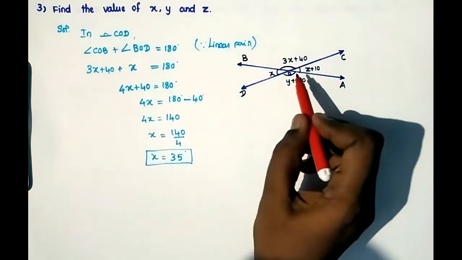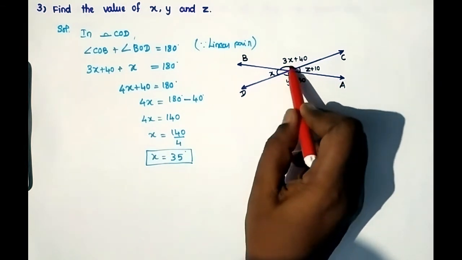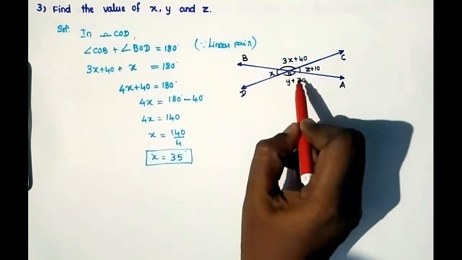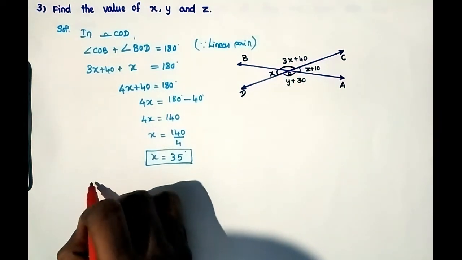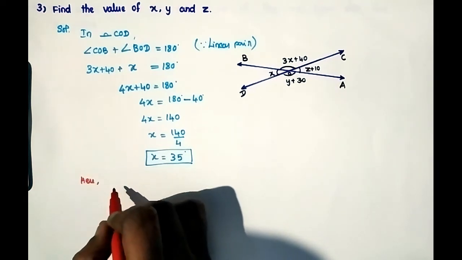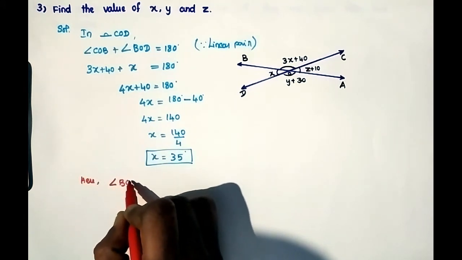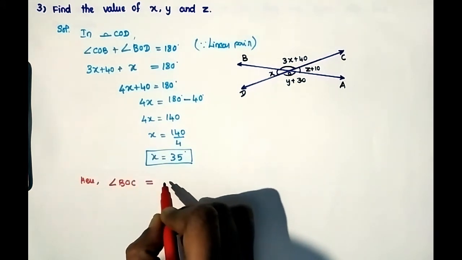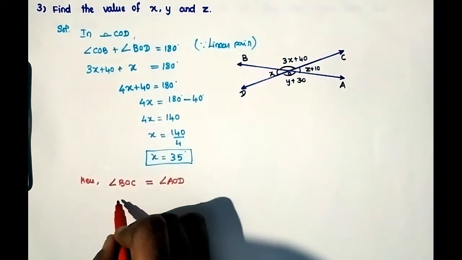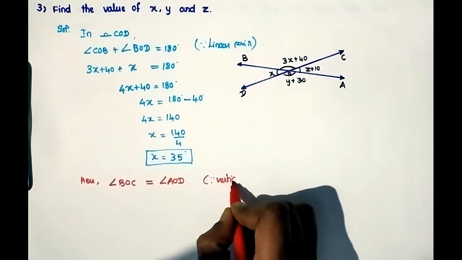Next one. Listen. These two angles are equal and these two angles are equal because that is vertically opposite angles. Here angle BOC is equal to angle AOD, since that is vertically opposite angle.